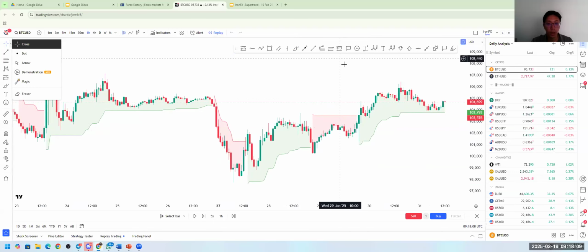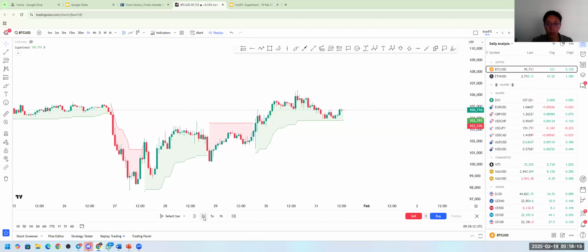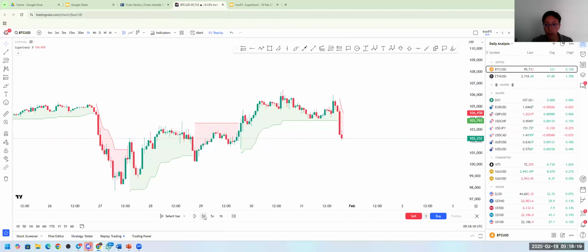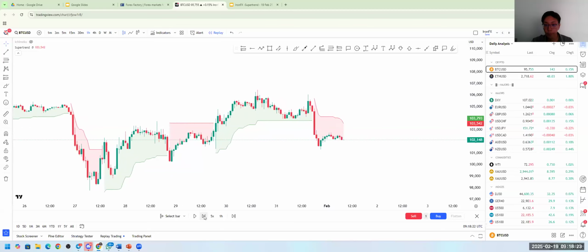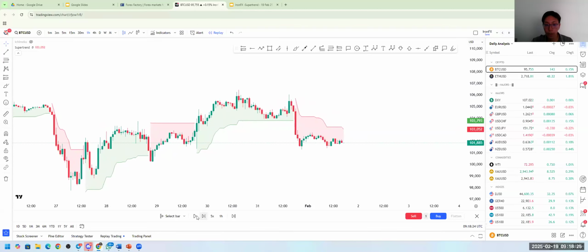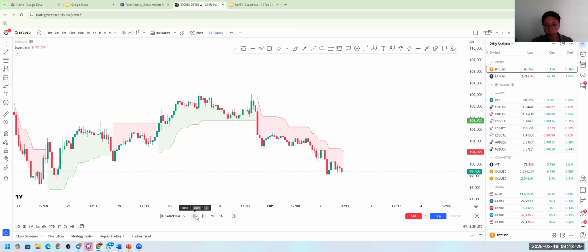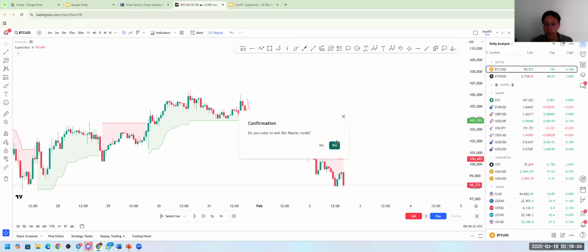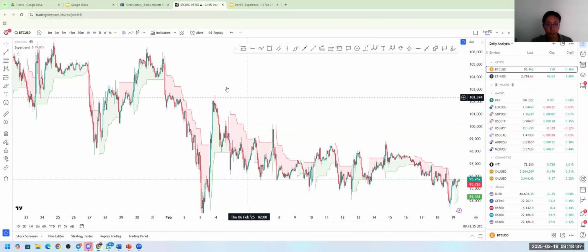If we use the replay tool, then I speed it up a little bit. Okay, waiting for it to cross below. So once you see it cross below, you can see it goes all the way down. Okay, so this is just the basics of super trend indicator right here.